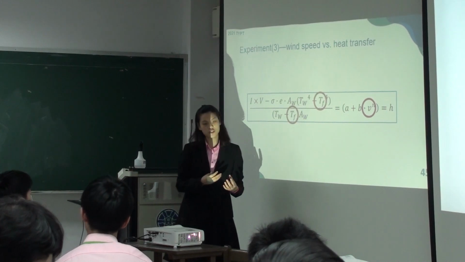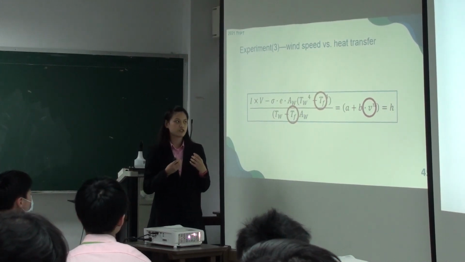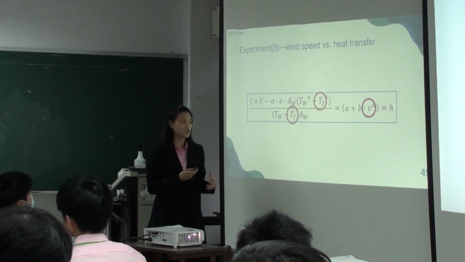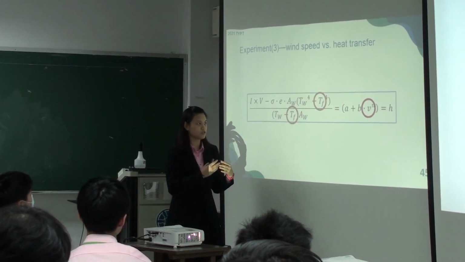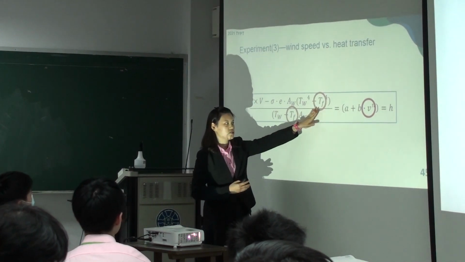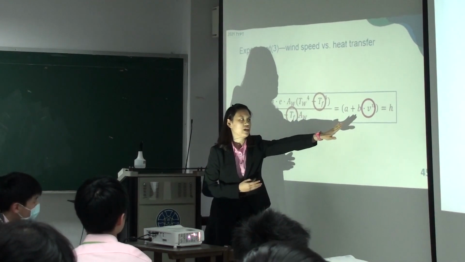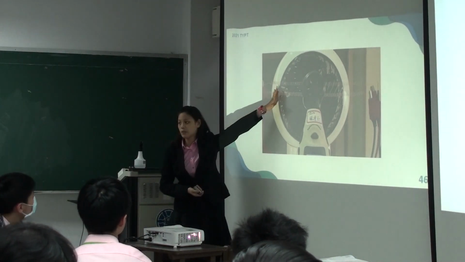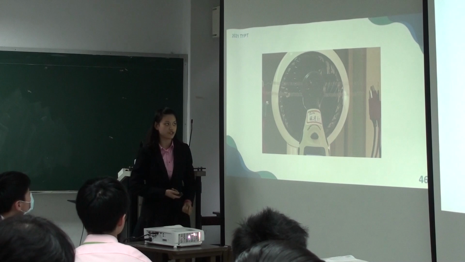But in our structure, we have to measure these 2 things independently. So we have to use 2 wires. Then we have 2 functions, and we can solve 2 variables, which are the temperature of the fluid and the wind speed. So you can see there are 2 wires used in my structure.